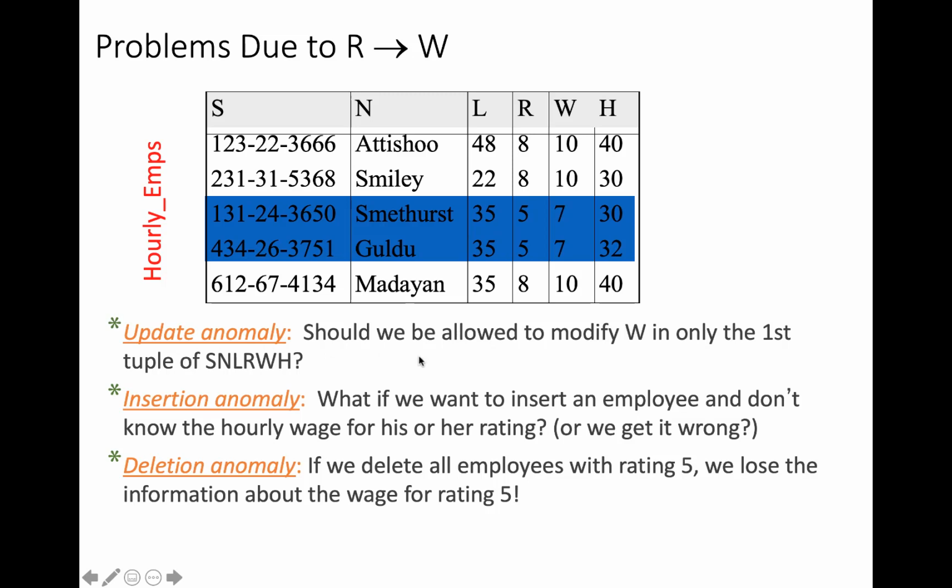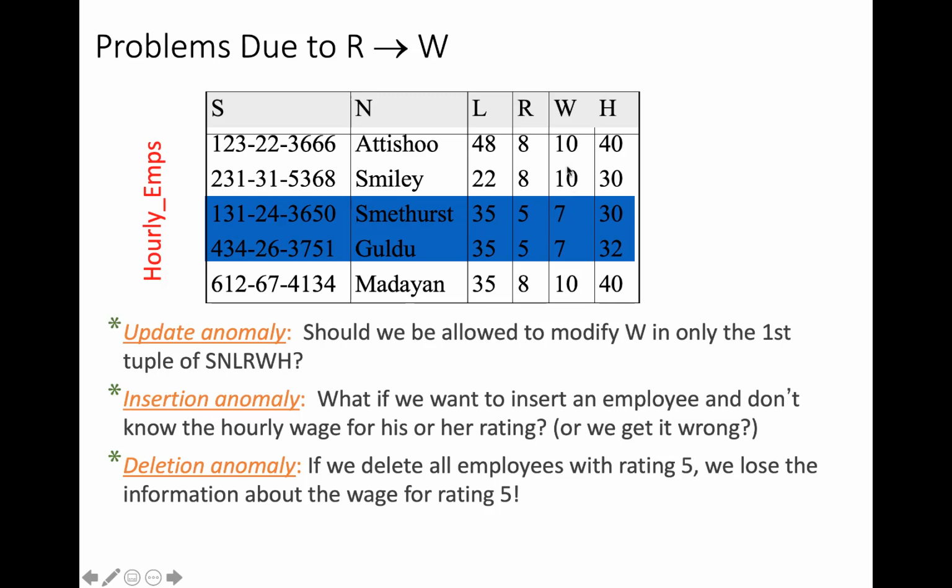For example, if we update R or W, if we want to update a certain row, let's say we change the value of W. If W here, for example, becomes 11, then this rule is not valid anymore. If the rate is 8, W should be 10.